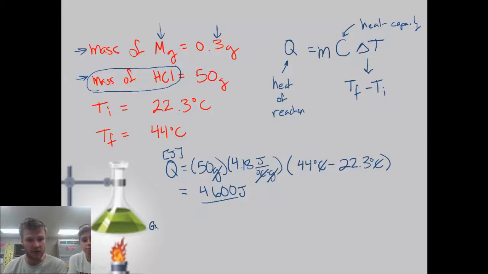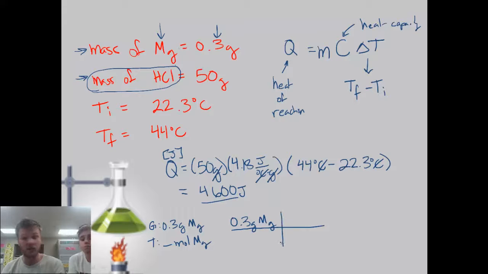Given is 0.3 grams of magnesium, and my target is moles of magnesium, so I'm going from grams to moles. What do I need to use? I've got to use my mole map. Mass to moles tells me to use the molar mass, or the gram formula mass. Going to moles, I've got to divide. So I start with my given, 0.3 grams of magnesium, and divide by my molar mass.